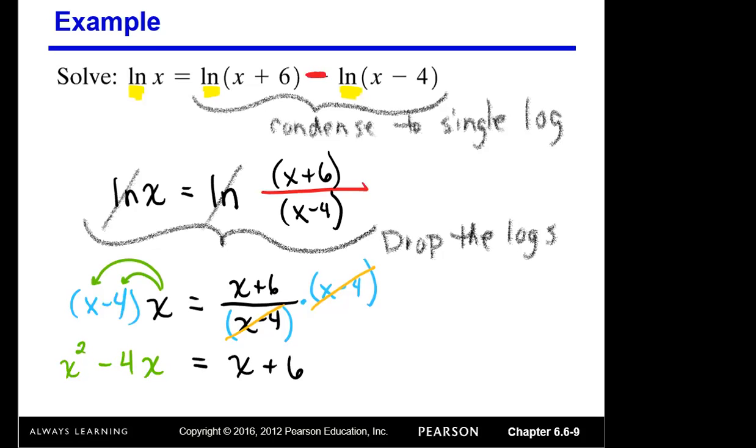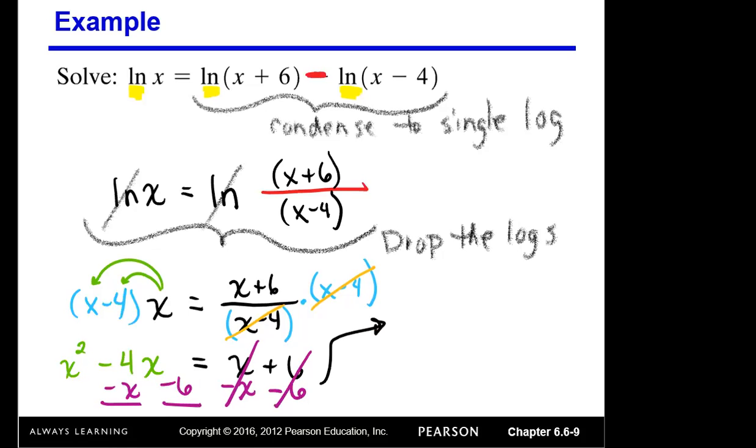And in the process of getting rid of the fraction, Mr. X squared shows up, which says I now have to think about quadratics. So I'm going to set it equal to 0. So I'm going to subtract x on both sides so that that cancels out. And in the same breath, I'll subtract 6 on both sides so that that cancels out.